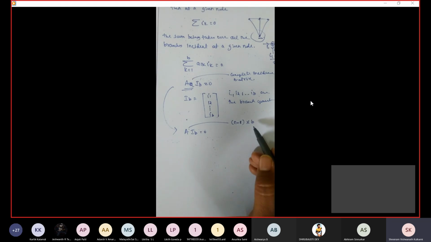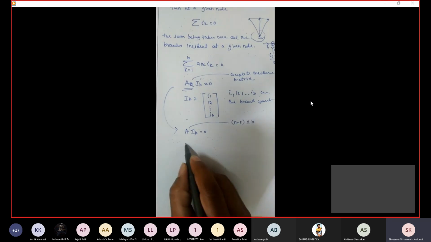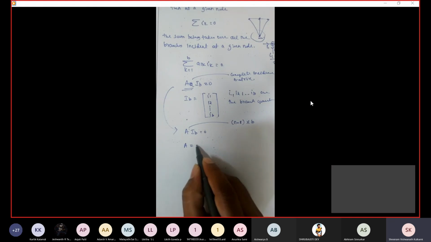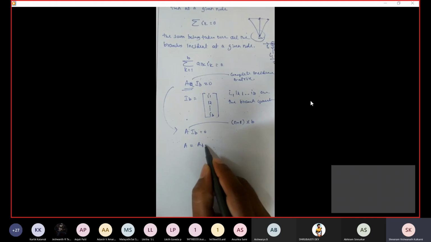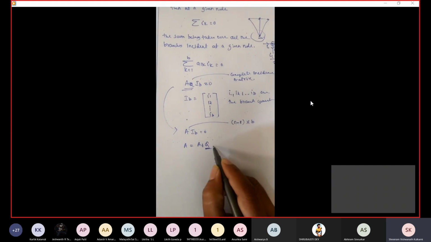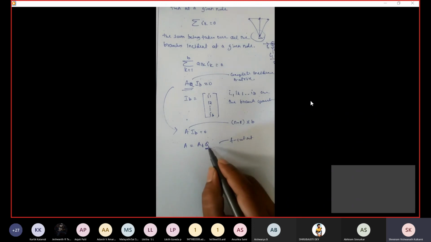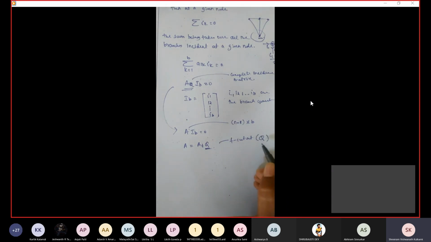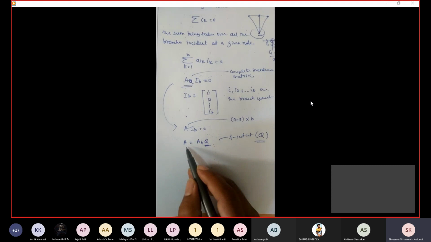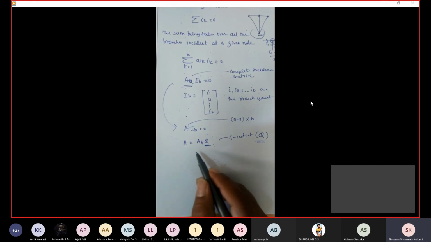Now we know the relation that the incidence matrix equals the twig part of the incidence matrix, A_T, into Q, where Q is the fundamental cut set matrix, capital Q. Correct? We know there is a relation between the incidence matrix and the fundamental cut set matrix.